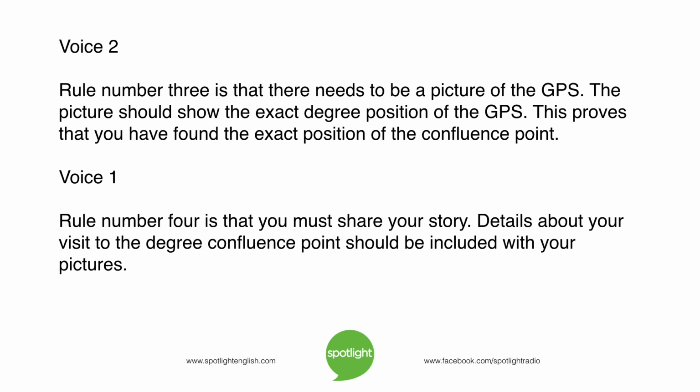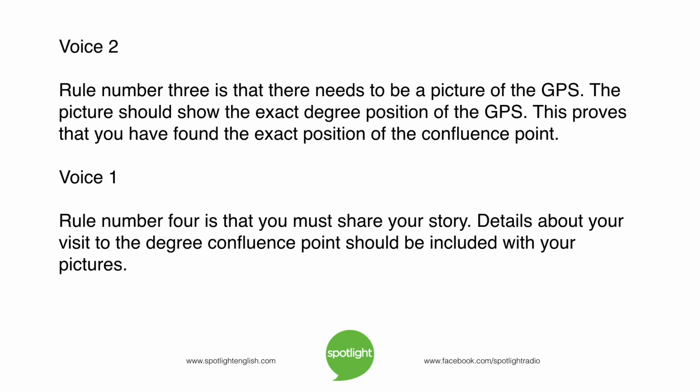Rule number 3 is that there needs to be a picture of the GPS. The picture should show the exact degree position of the GPS. This proves that you have found the exact position of the confluence point. Rule number 4 is that you must share your story.